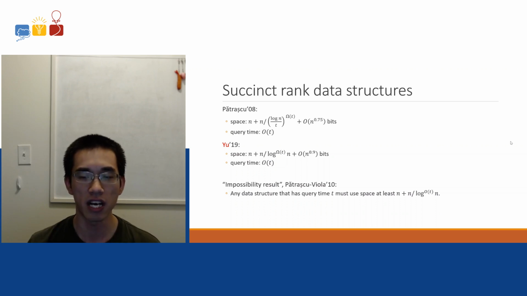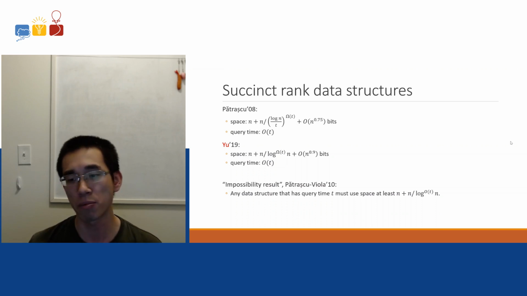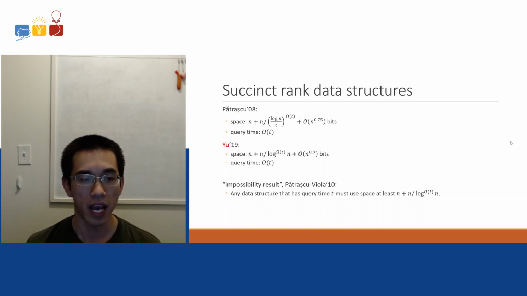So in this area, people mathematically prove statements that it is impossible to have a data structure that is too efficient. And in this case, they prove that any data structure with query time t must use space at least n plus n over (log n) to the t. So up to a constant factor in the query time, the dependence on t is actually optimal. And this concludes the first part of my talk.